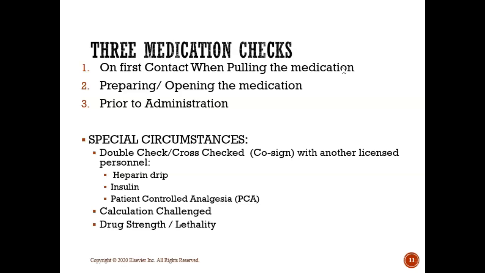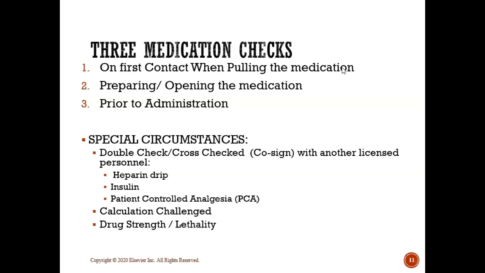Now, we set it so that it has limitations to prevent overdose and all that stuff, but still, before you change the settings, before you actually change the vial or the medication inside or the syringe, you have to get another nurse to co-sign with you. So those are examples of medications that we need another person to double check the medication with.